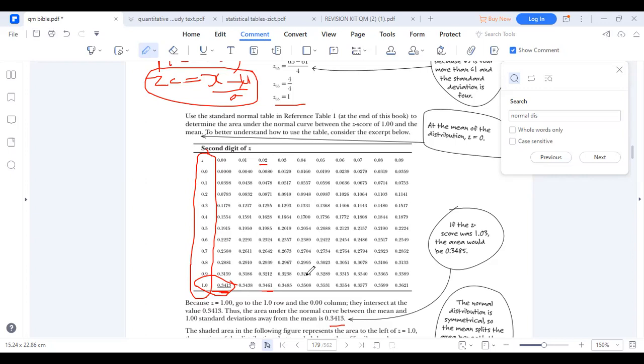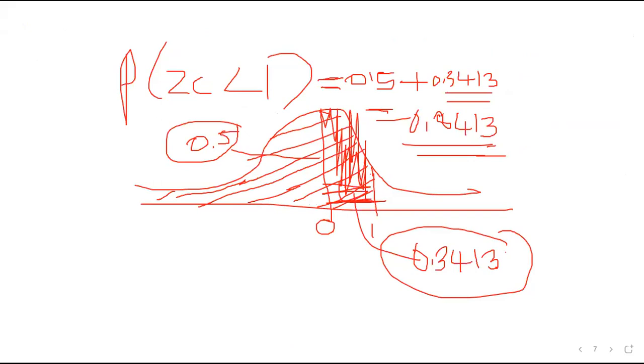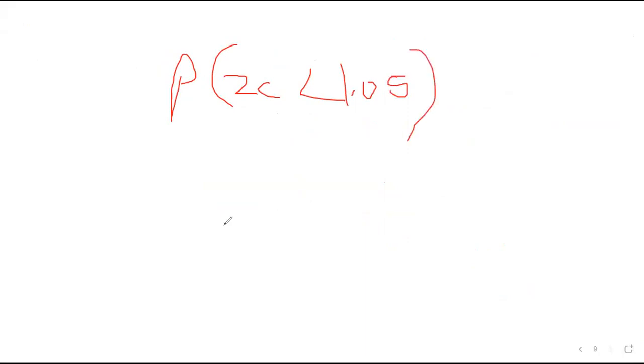Okay, thank you. So if you are to find the probability that, for example, Z calculated is less than 1.05, we have to locate where 1.05 is.